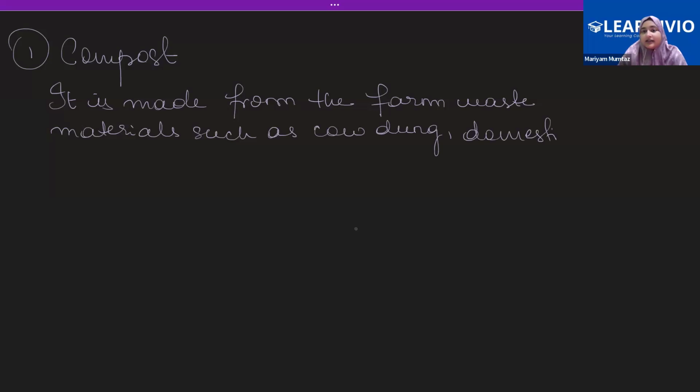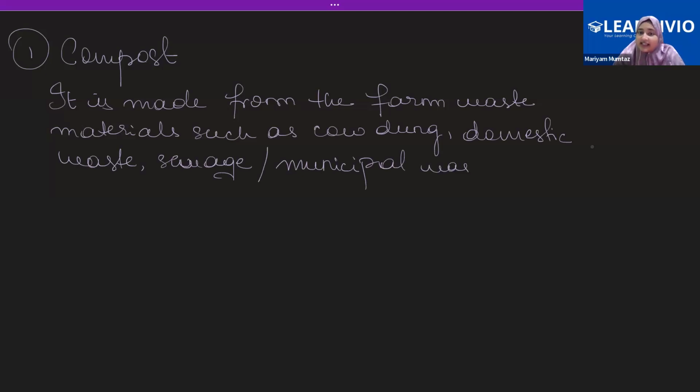Then sewage. What is sewage, students? Sewage, or you can call it municipal waste, meaning the waste that is generated from the households, from the offices, from the schools. So those wastes are collected.